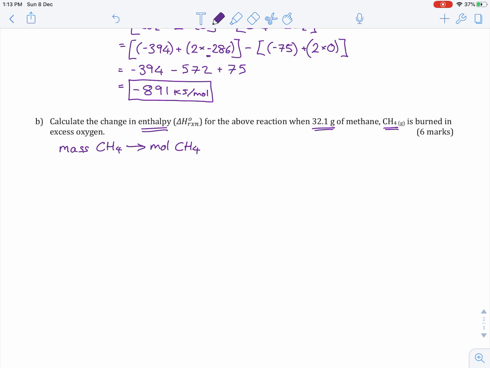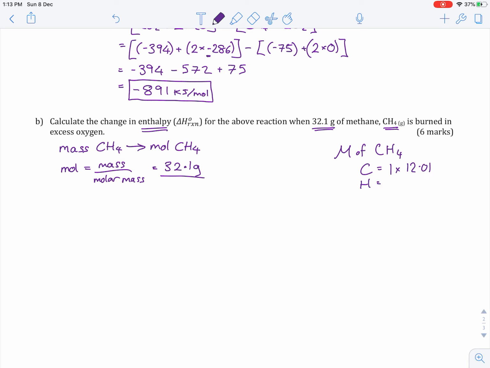You know the formula is moles is mass over molar mass. Well, your mass is given to you in the question, 32.1. The molar mass, you're going to have to calculate. So your molar mass, CH4, you're going to have to work out your C, and you've got 1 C, and from your periodic table, carbon is 12.01.